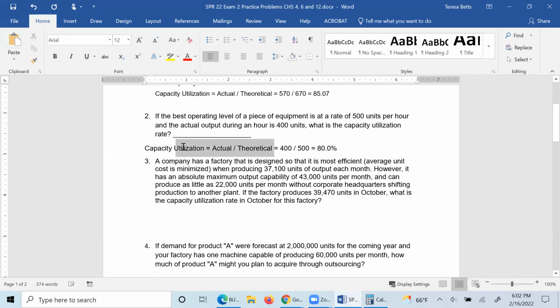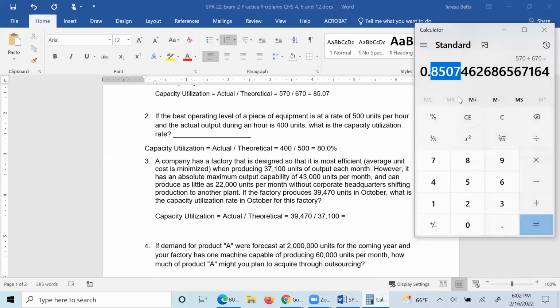Okay, so we're still doing capacity utilization. Our actual was 39,470 and our theoretical, where we operate most efficiently, was 37,100. So again, I need to get my calculator and clear it.